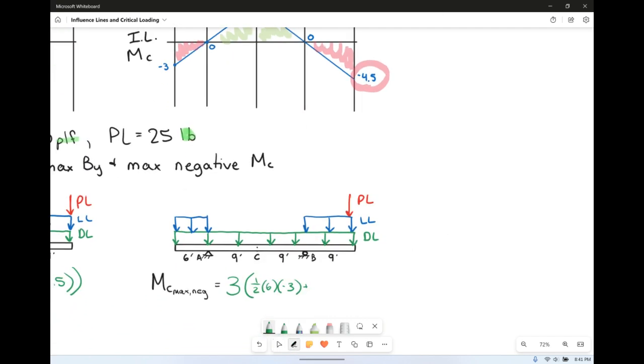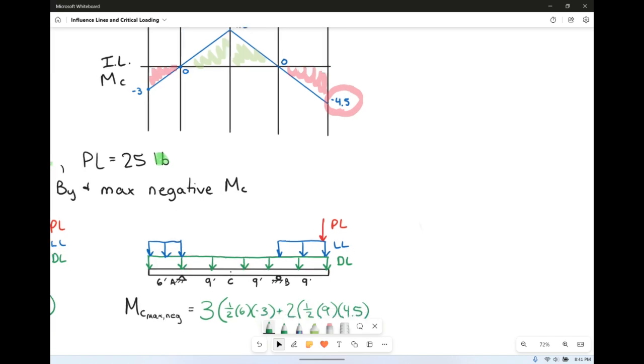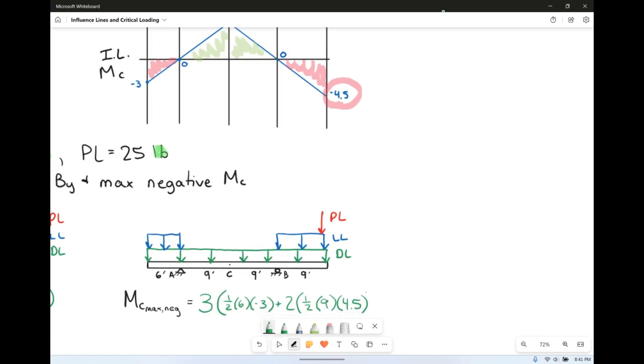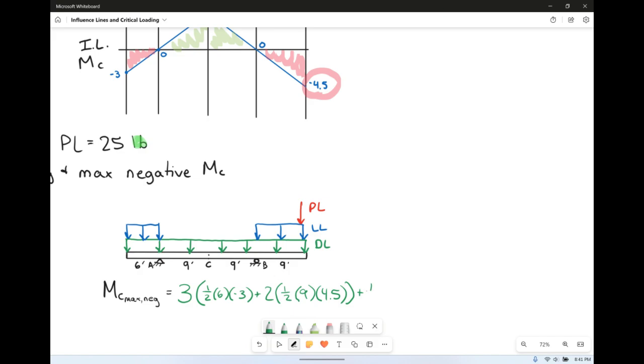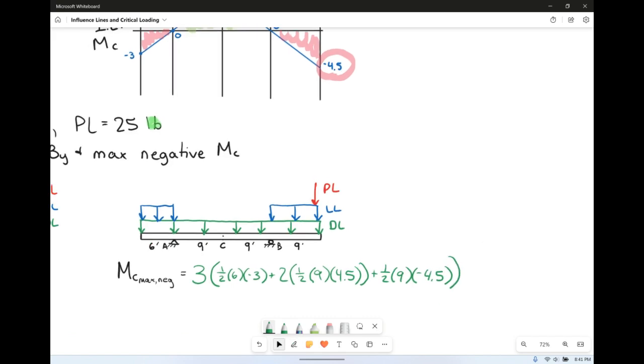We're going to have 2 of 1/2 the base of 9, the height of 4.5. That's the height there of our triangle. Plus, we've got 1/2 the base of 9, the height is -4.5. All of that times that dead load. A lot of stuff there for that dead load.